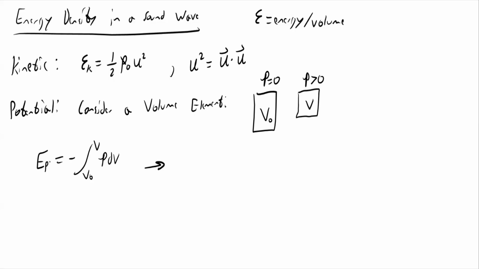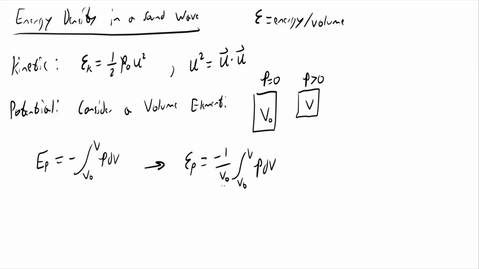Well, if this is just your potential energy, it's very easy then to solve for the potential energy density. You simply divide by your initial volume. Why the initial volume? Well, we're assuming the change in volume is very, very small.